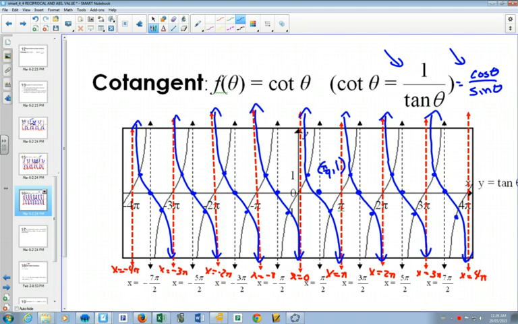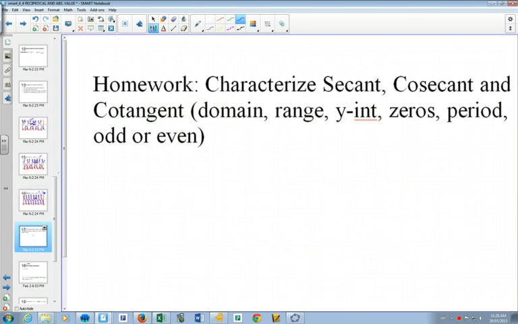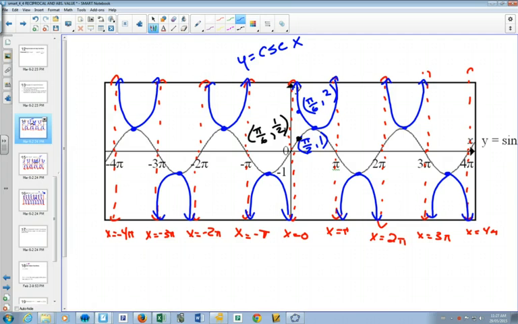So now what we're going to do is go back through each of these and characterize them. We're going to say what the domain and the range is, list our y-intercepts if there are any, list our zeros if there are any, list the period if it has a period, and we'll talk about whether something is odd or even. Here's our cosecant graph. So you have space at the bottom there.